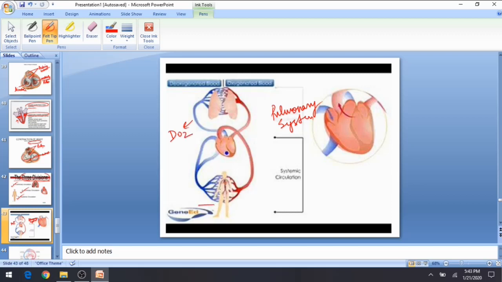From the lower and upper parts of the body, through the superior and inferior vena cava, deoxygenated blood gets into the right atrium and flows from the right atrium to the right ventricle. The deoxygenated blood goes from the right ventricle to the pulmonary arteries, where the lungs exchange deoxygenated blood into oxygenated blood.